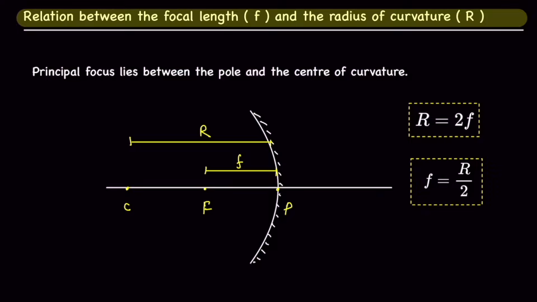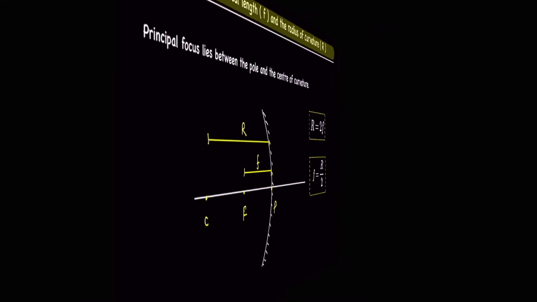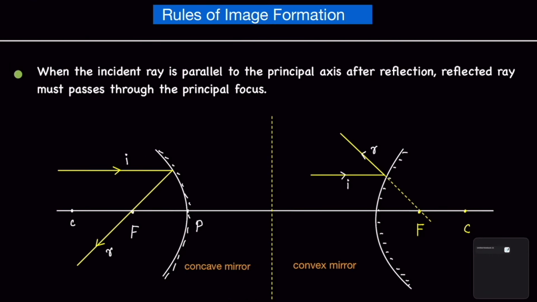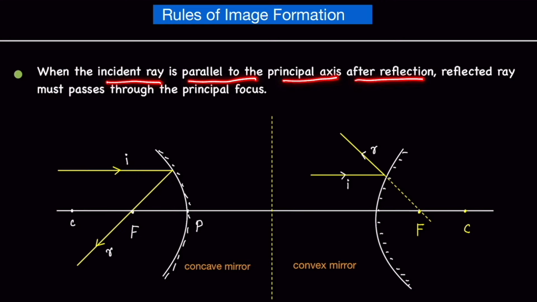Now we will study the rules of image formation in the spherical mirror. There are a few rules of image formation. They will help us understand the image formation in the spherical mirror. The first rule says that when the incident ray is parallel to the principal axis, after reflection, the reflected ray must pass through the principal focus.